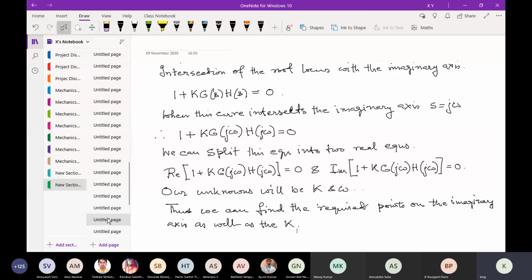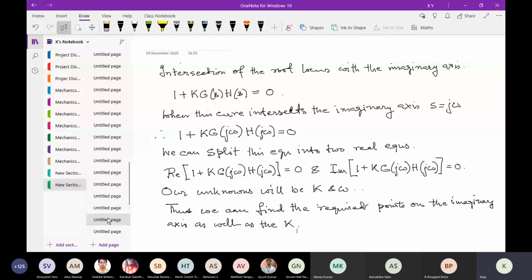Now this equation will be a complex equation, so it has to be split into two parts, and we can then solve these two parts individually to get the required values of k and omega.